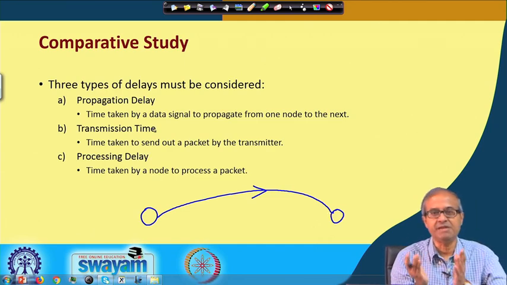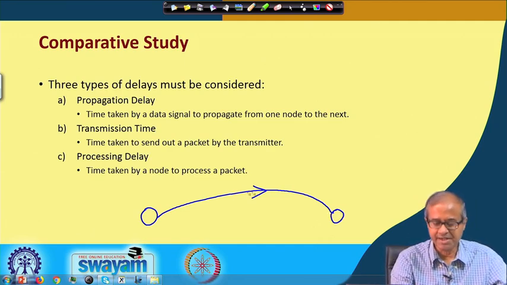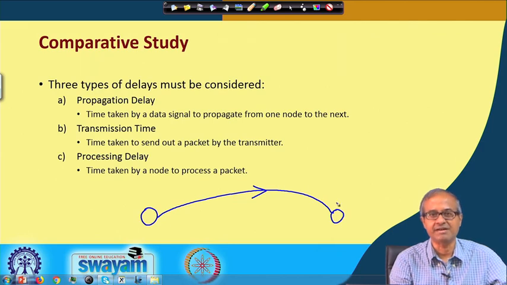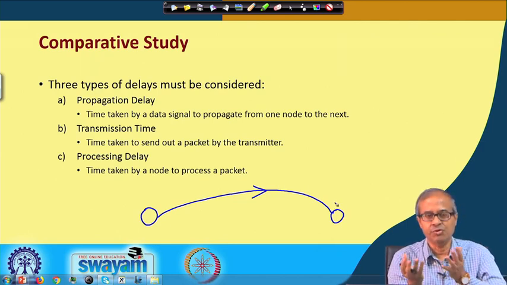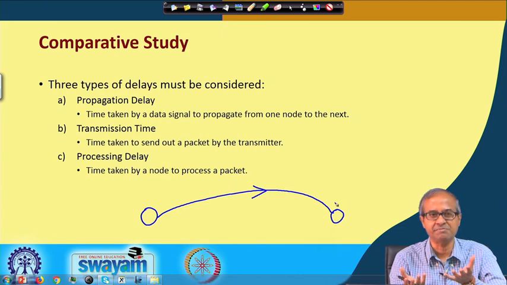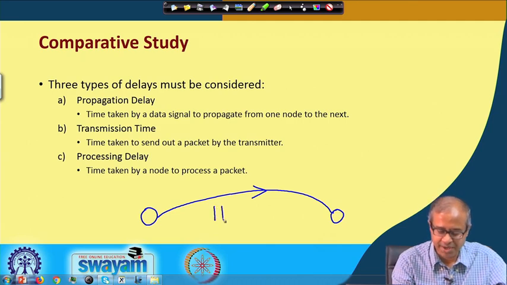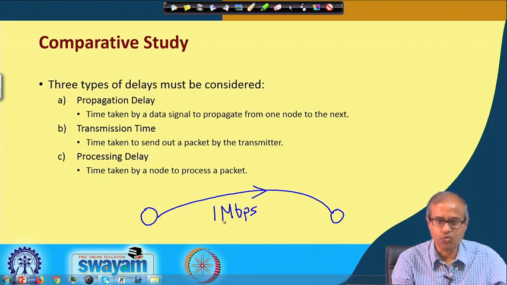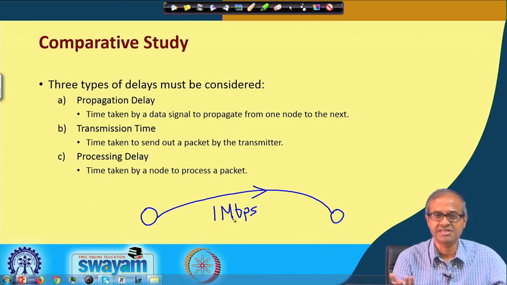But transmission time is different. Transmission time depends on the bandwidth of the link. Well, you know that links are categorized by the speeds kilobits per second, megabits per second, gigabits per second. Suppose it is a 1 megabit per second link, 1 Mbps. So, 1 million bits can be sent per second. So, if there are 1000 bits you are trying to send, here how much time will it take?